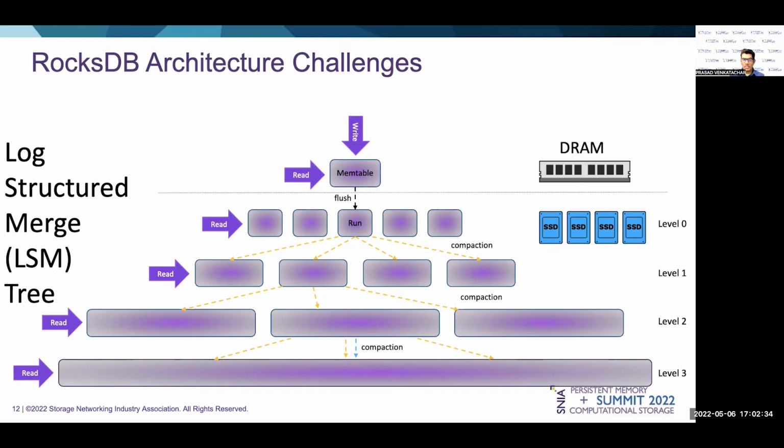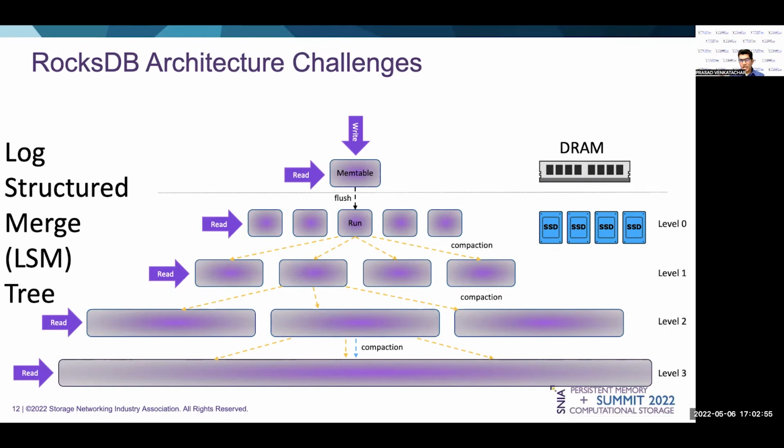It uses the log structured merge tree data structure, and all the writes coming from the Redis application go through the mem table, which is an in-memory data structure, and when the mem table is full, it flushes the content.